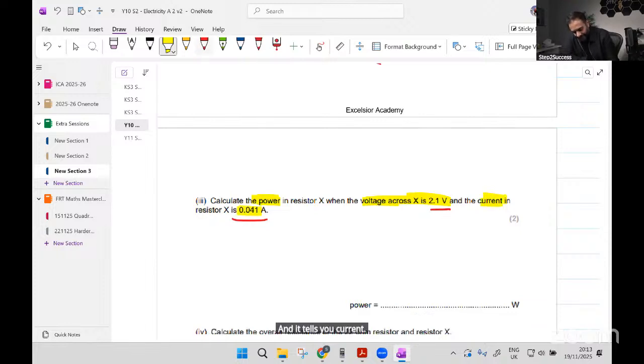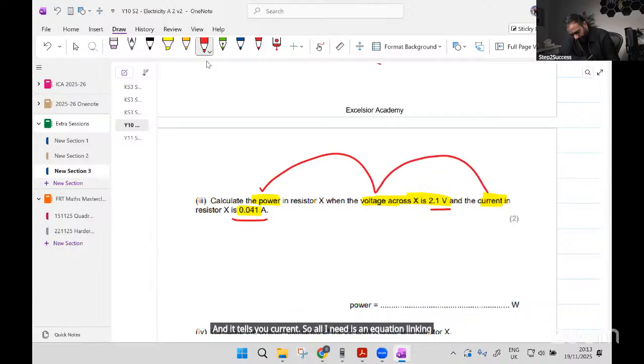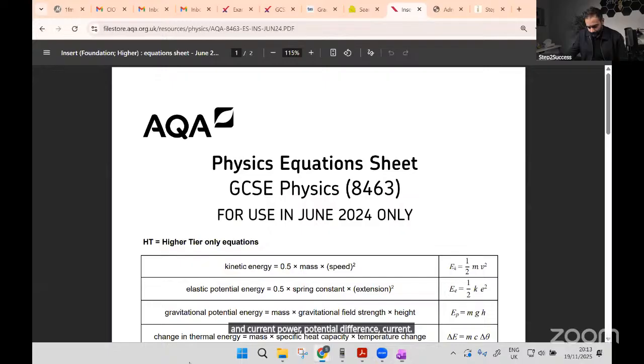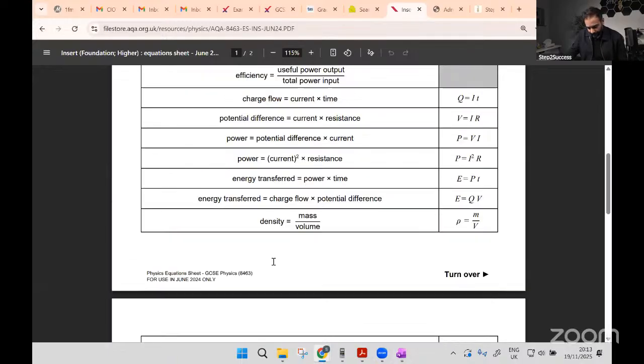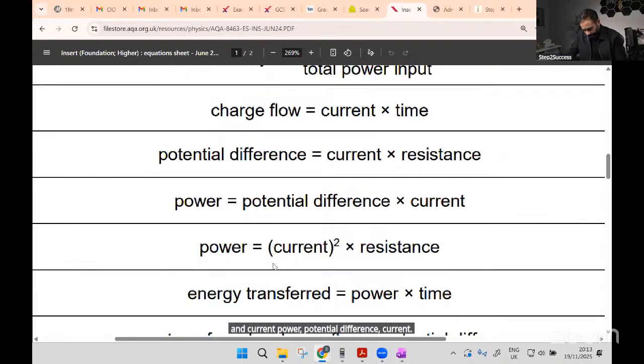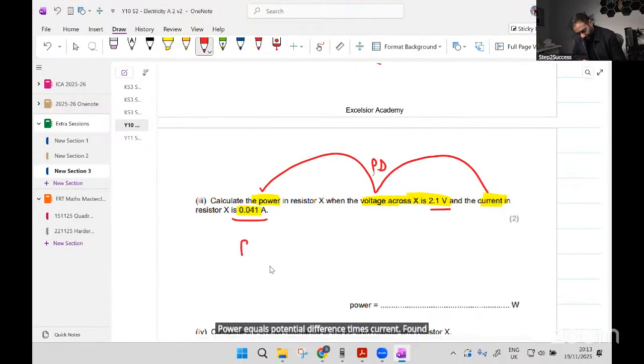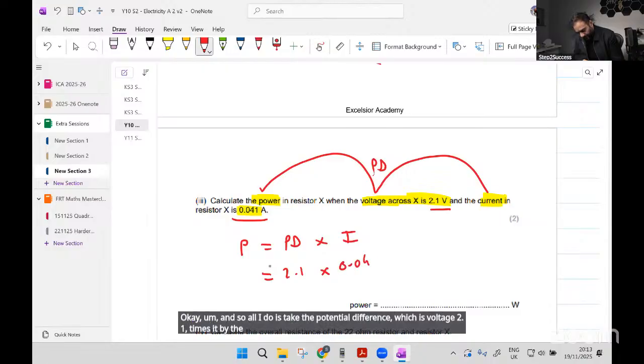So all I need is an equation linking power, potential difference, and current. Power equals potential difference times current. Found it. And so all I do is take the potential difference, which is voltage 2.1, times it by the current 0.041, and I have the answer to my question. Done.